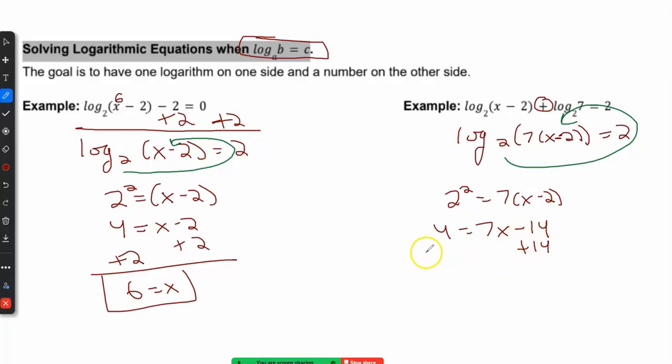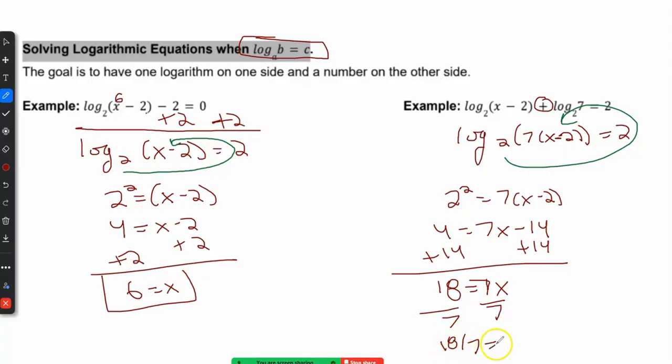Plus 14, plus 14. 18 equals 7x. Divide both sides by 7. 18 divided by 7 equals x.